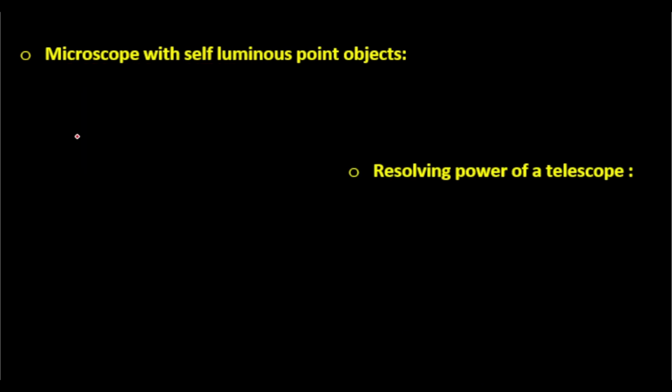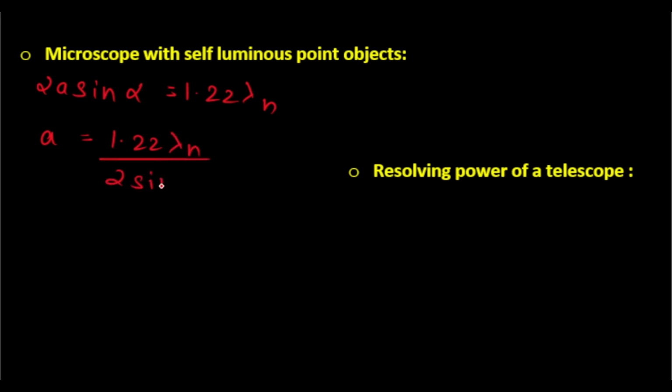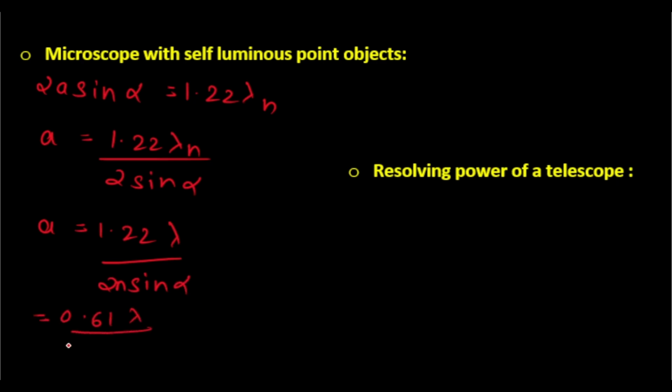Now, for a microscope with self-luminous point objects, 2a sine alpha is equal to 1.22 lambda by n. So a is equal to 1.22 lambda by n divided by 2 sine alpha, which is 1.22 lambda divided by 2 n sine alpha, equivalent to 0.61 lambda by n sine alpha, equal to 0.61 lambda by NA, that is the numerical aperture.